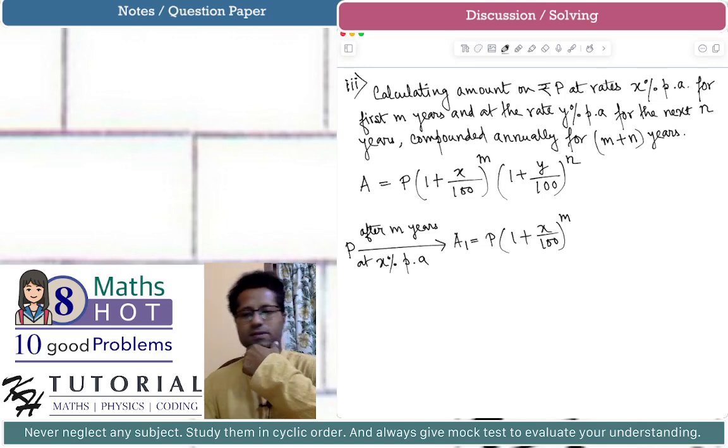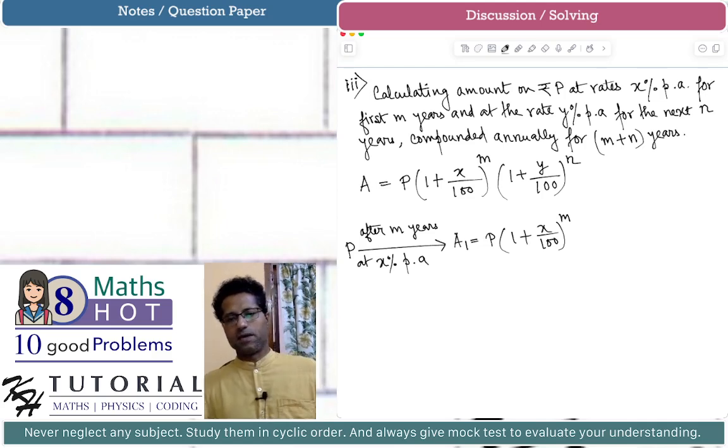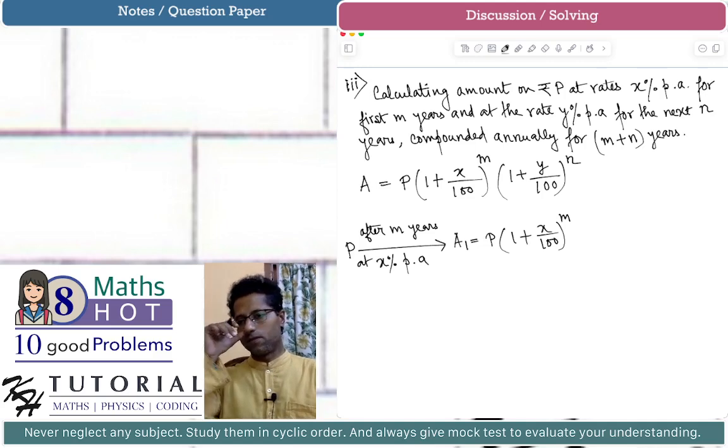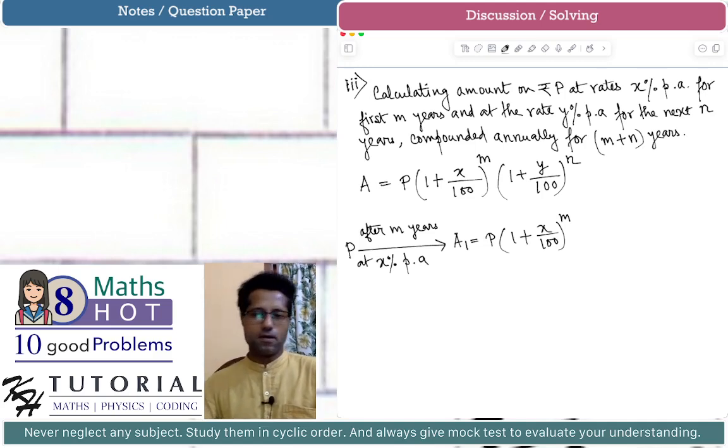Because you know that the amount on a principal P at the rate of X% per annum when the interest is being compounded annually for m years is P multiplied by 1 plus X by 100 to the power m. So after first m years, the amount is A1 equals this.